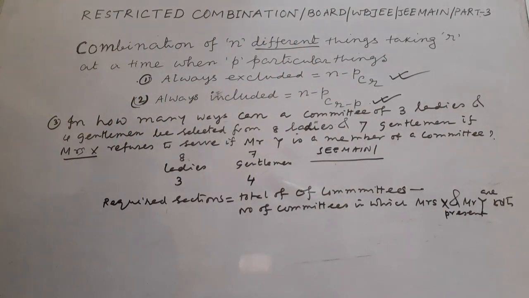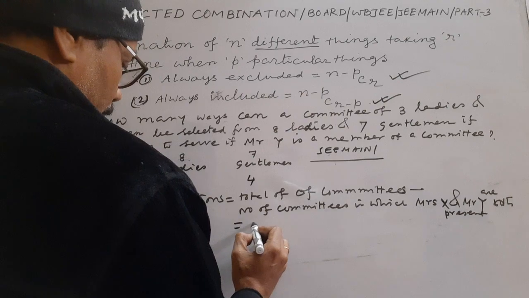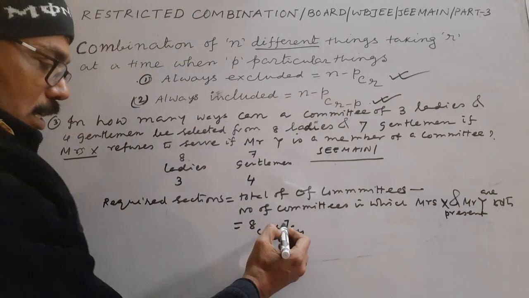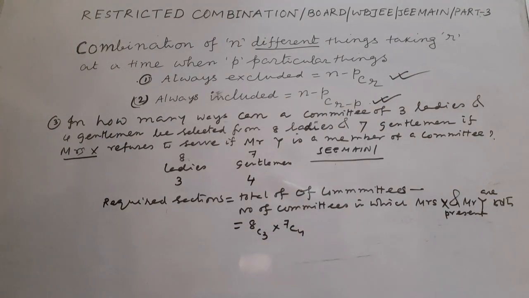So the total number of committees is very simple, 8C3 into 7C4 without any restriction. Minus.